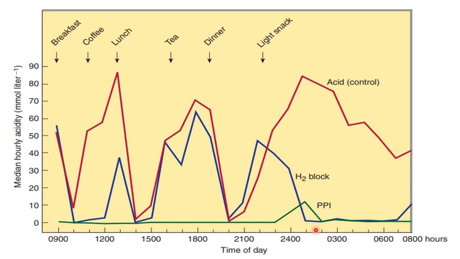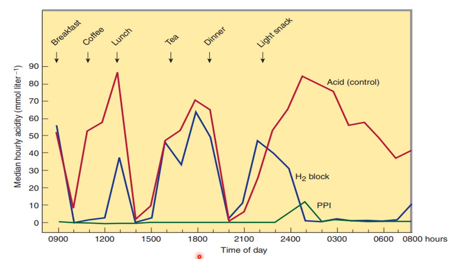From this graph, you can see that H2 blockers have a marked effect on the nocturnal acid secretion. See, this was before treatment and this is after using H2 blockers. They have a marked effect on the nocturnal acid secretion and a modest effect on the post-meal secretion of gastric acid.